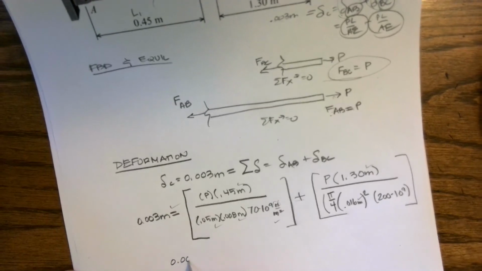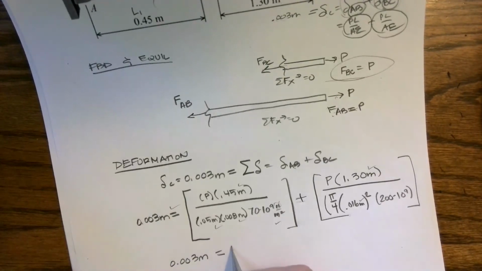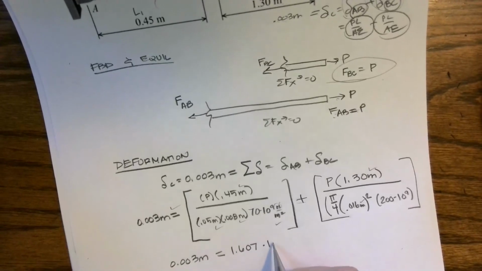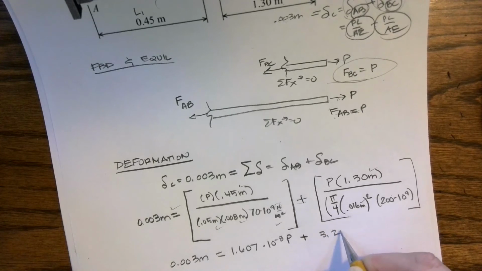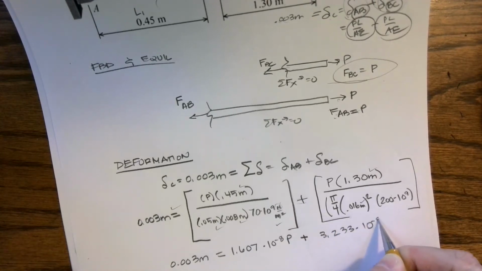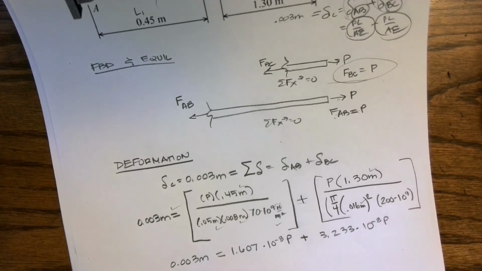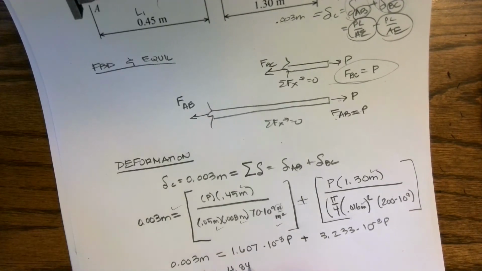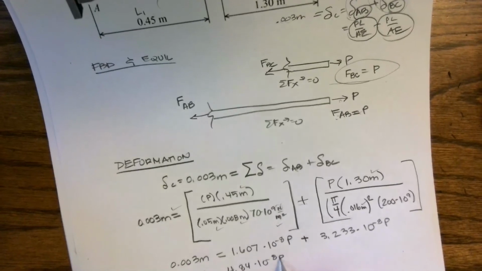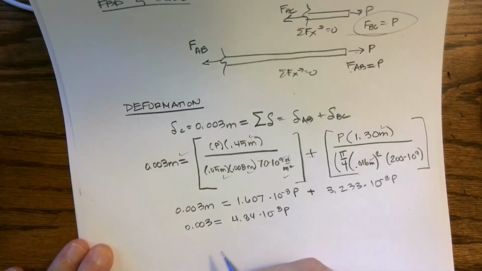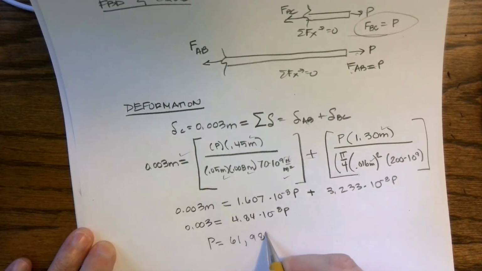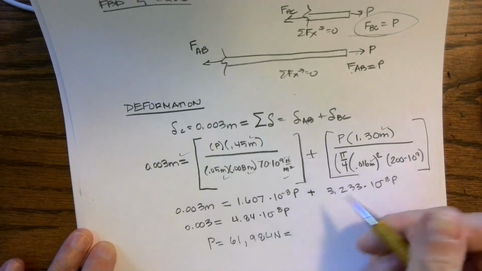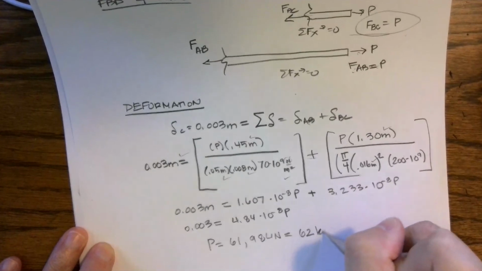So I'm going to simplify, and I get 1.607 times 10 to the negative 8th P plus 3.233 times 10 to the negative 8th P. I can add those up: 4.84 times 10 to the negative 8th P. Then I can do my algebra, and I calculate that P equals 61,984 newtons, which is 62 kilonewtons.